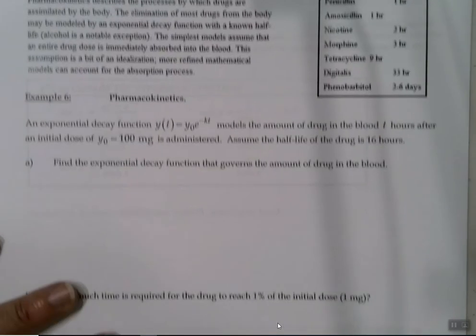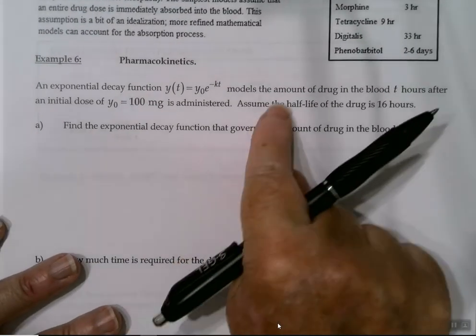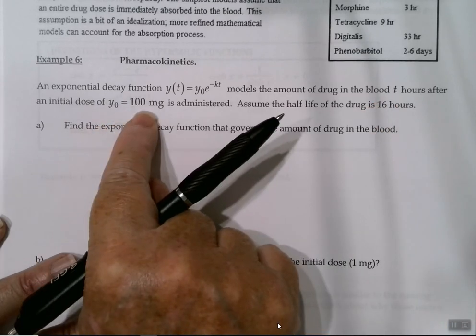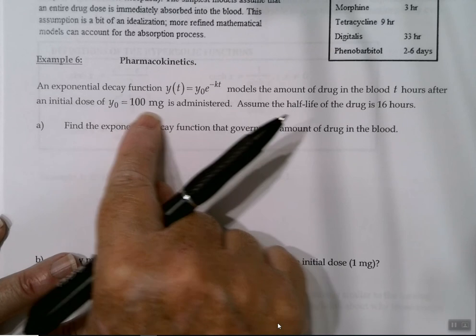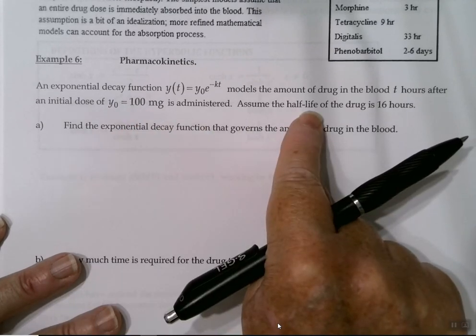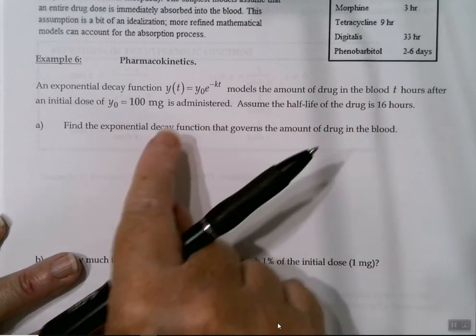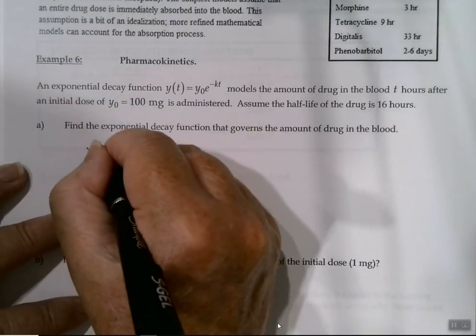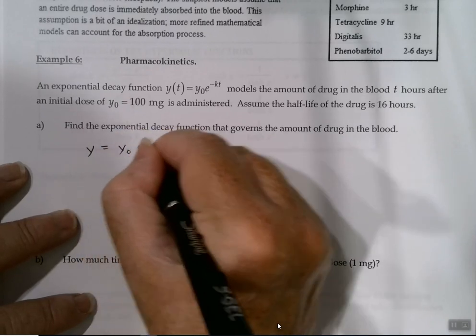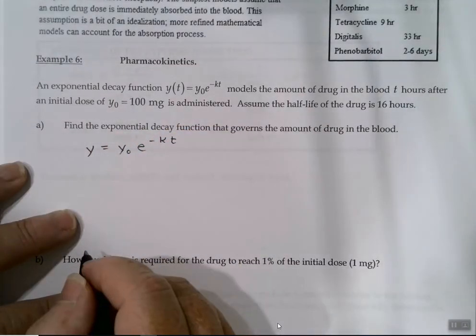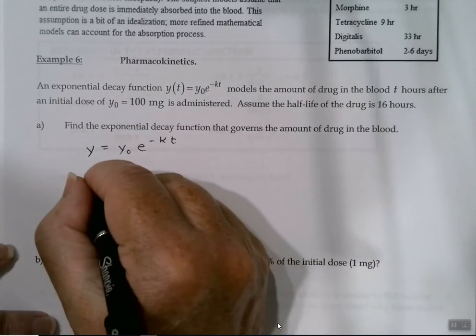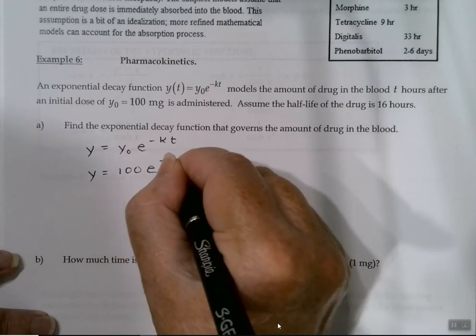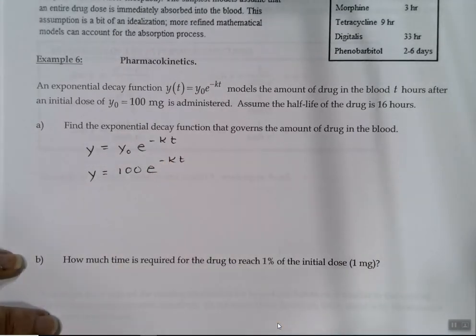So here we go. An exponential decay function models the amount of the drug in the blood t hours after an initial dose of 100 milligrams is administered. If the particular drug we're talking about has a half-life of 16 hours, first of all, let's find our exponential decay function. So y equals y naught e to the minus kt. The initial amount was 100, so I know right away y equals 100 e to the minus kt.